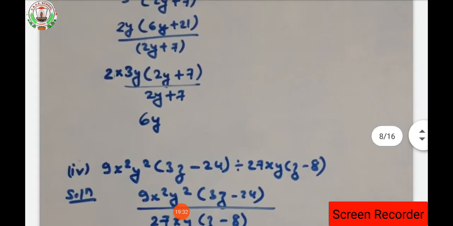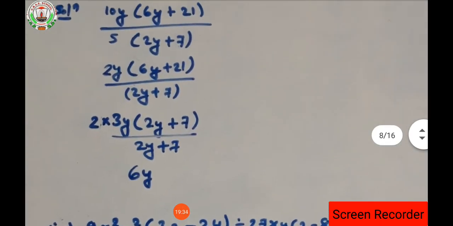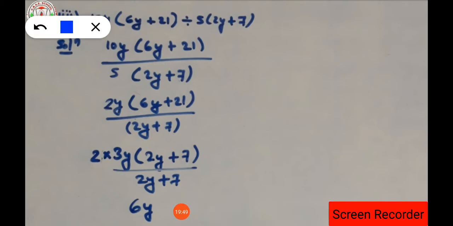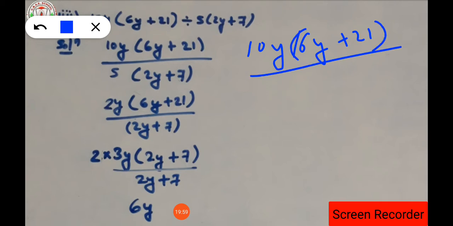Next question we have over here. Question number 3: 10y into 6y plus 21 divided by 5 into 2y plus 7, isn't it? So what are we going to do? We are going to write it in simple division form, that is 10y into (6y plus 21), close the bracket, upon 5 into (2y plus 7).